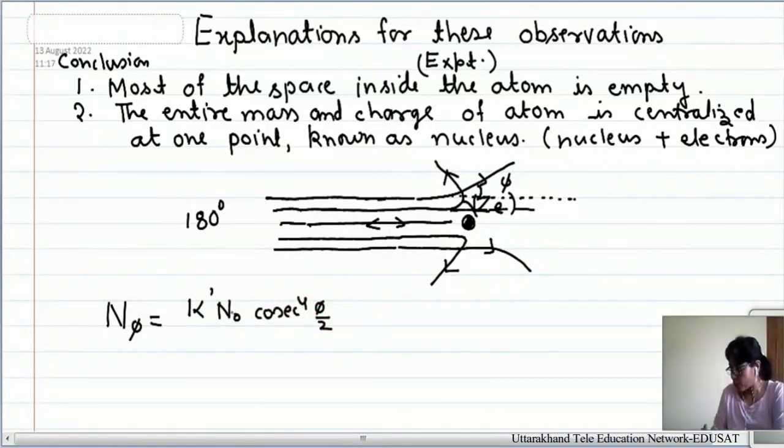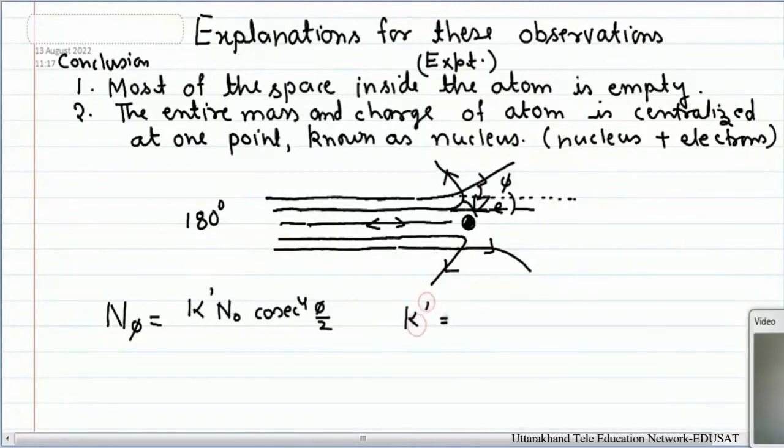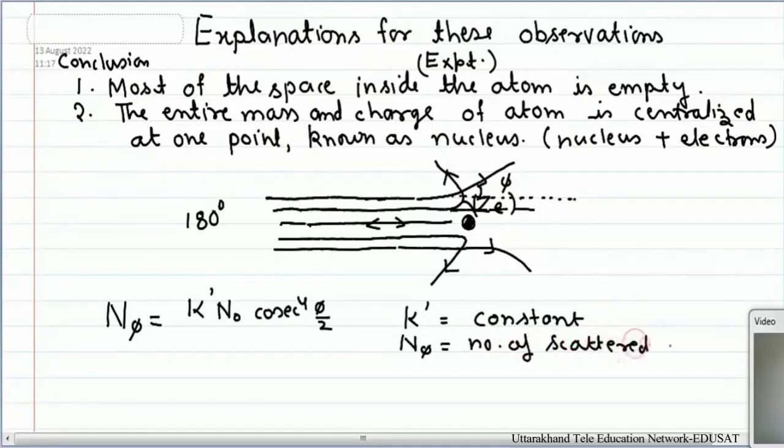So this is the scattering formula for the Rutherford scattering, and here k' is some constant, and N(phi) is the number of scattered alpha particles per unit centimeter square on the screen.